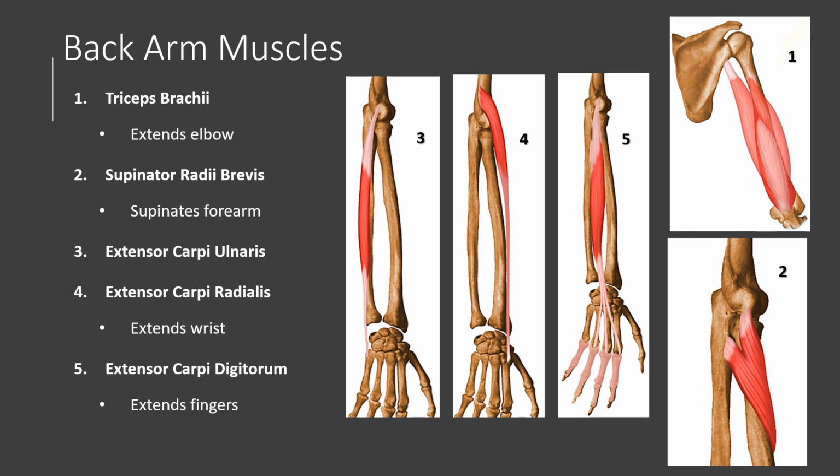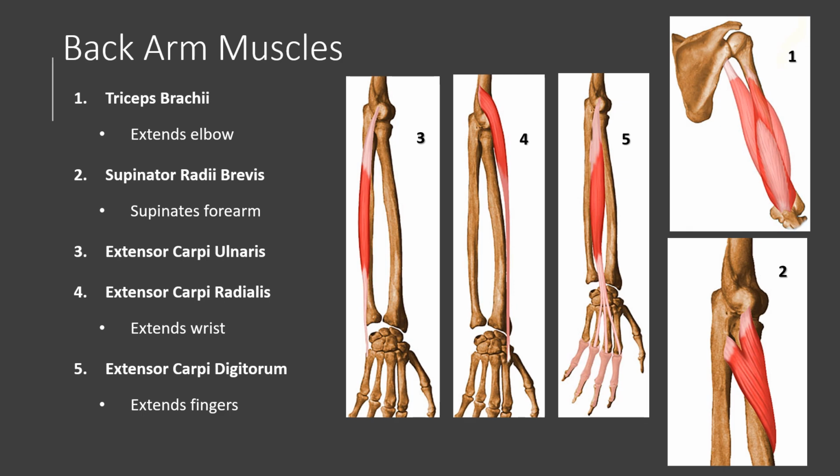So we have extensor carpi ulnaris, that's heading across to the little finger side, which we can see in picture 3. And then we have extensor carpi radialis, which is extending the wrist on the thumb side.